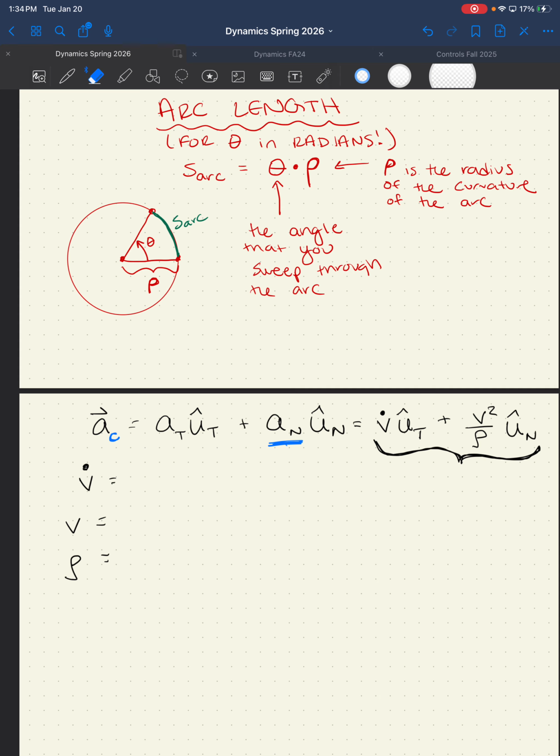So what if we have the arc length equals rho theta, and we know that theta is equal to 45 degrees, or 1/8 of a circle, which is also pi over 4 in radians. If I knew the distance along the path, I could solve for radius of curvature: rho is equal to arc length over theta.